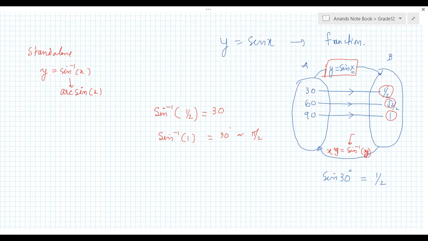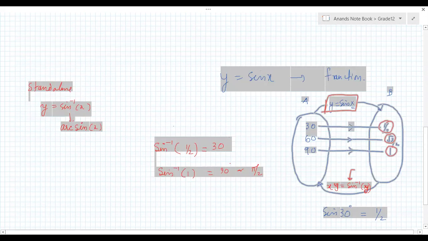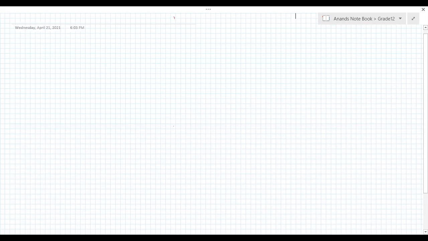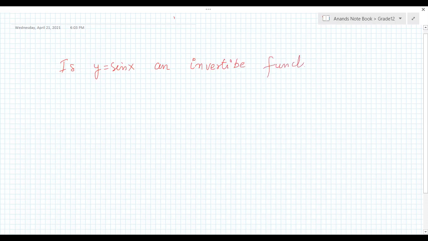All right. But there is a small catch to this. The catch is this. If you want to define an inverse of a function, the question is, is y is equal to sine x an invertible function? This is a question.